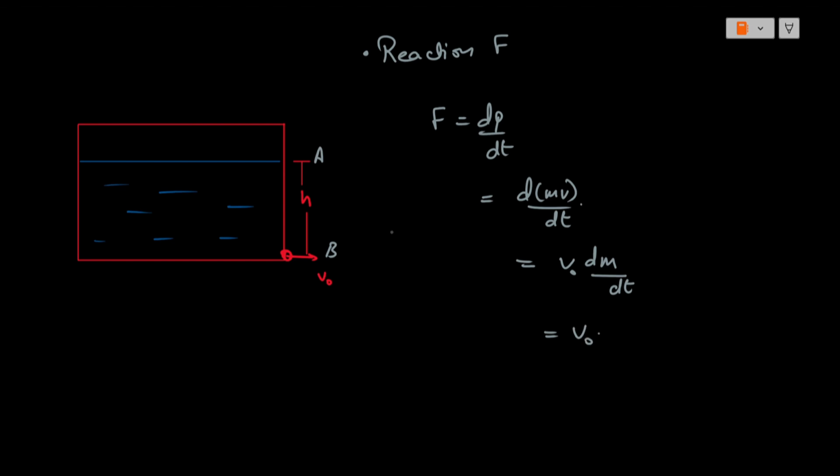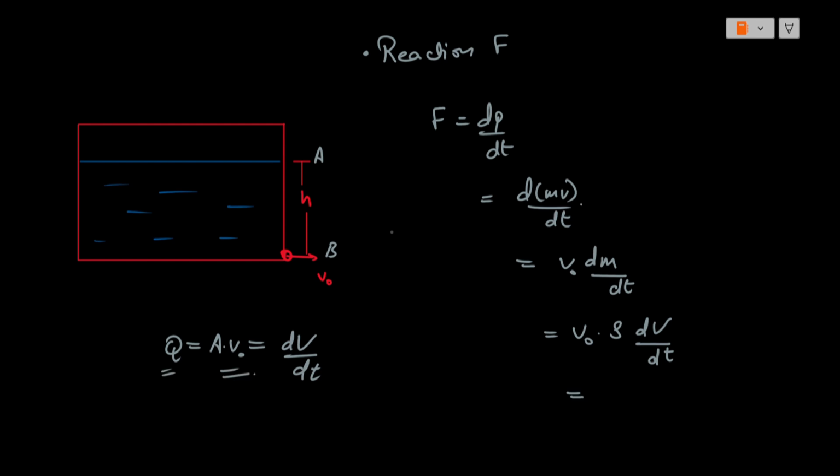Now this velocity is just the efflux velocity, so we'll be calling it v0. It's v0 times, now the mass is just the density times the volume. Density in itself is a constant quantity, so we have rho coming out of the change, and the rest is just the rate of change of volume, right? We had Q as the discharge of a liquid, Q as the area times the velocity, or it was also the rate of change in volume.